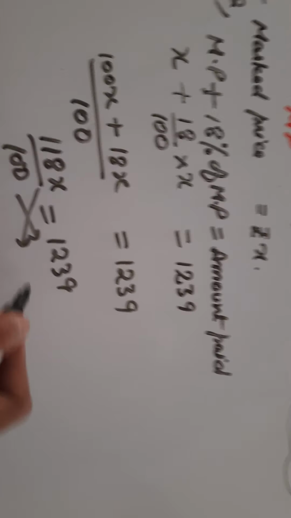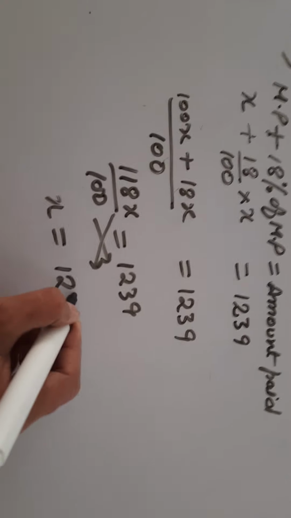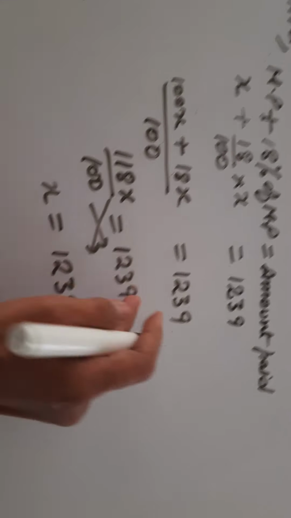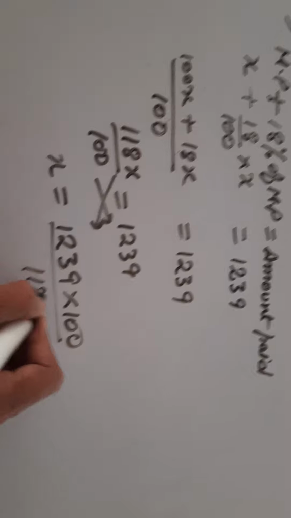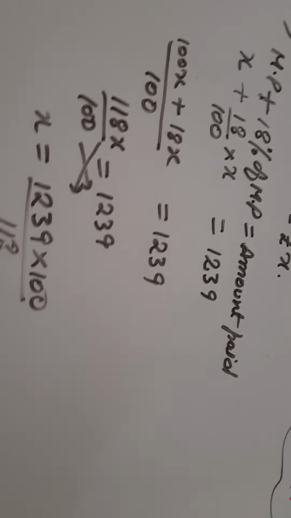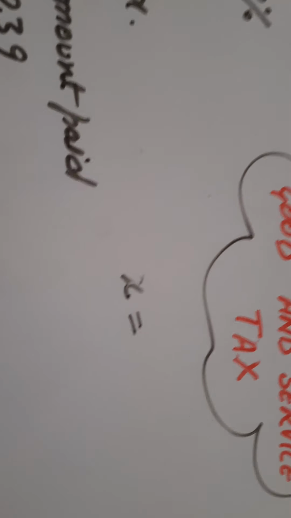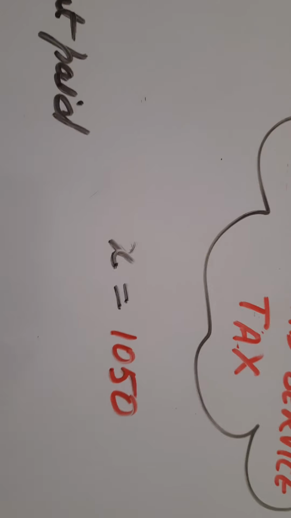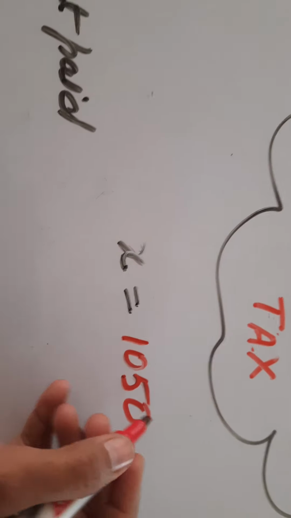Cross multiplication. So X is equal to 1239. This will go in the numerator and 118 will come in the denominator. So by solving it, we'll get the value of X as 1050.